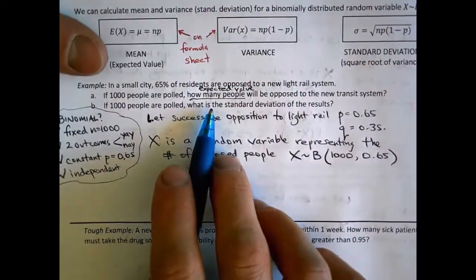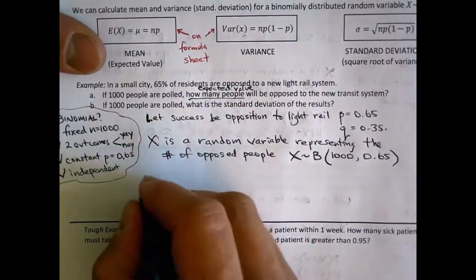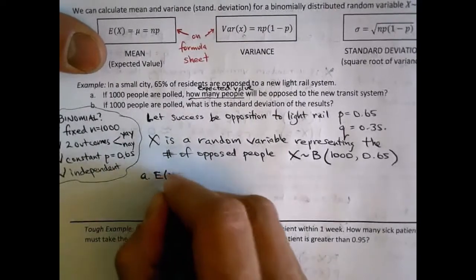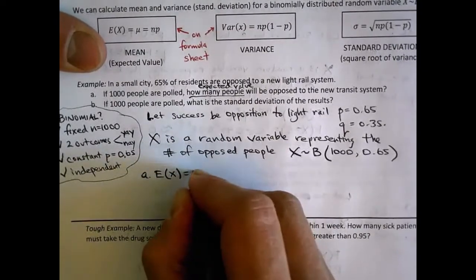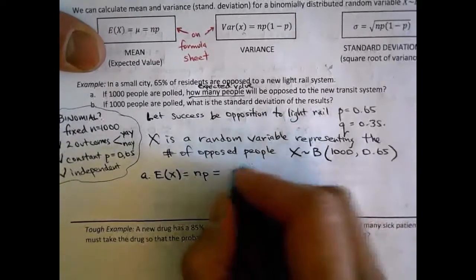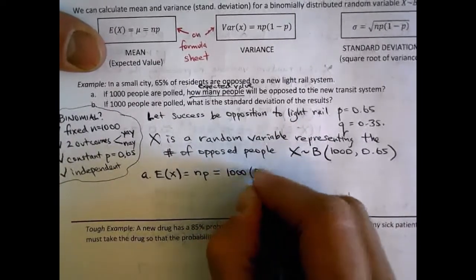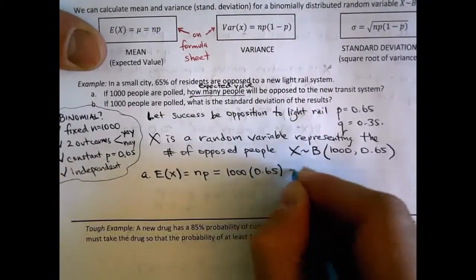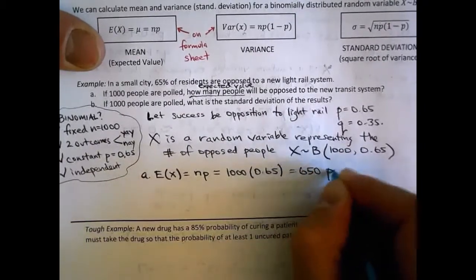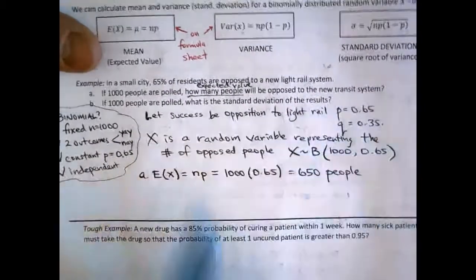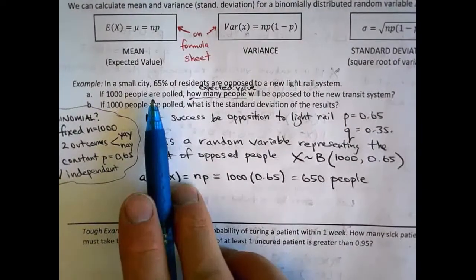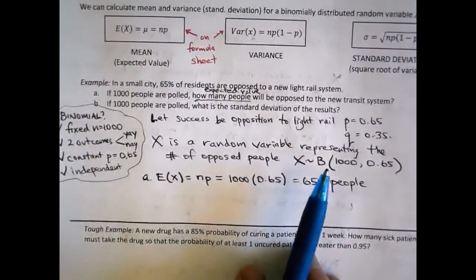It's asking you for expected value. So the expected value, it's an easy formula. It's n times p, which is 1,000 people times 65%, which is 650 people. I mean, this makes sense, right? If you have 1,000 people and 65% of them are against it, then 650 people should be against it.